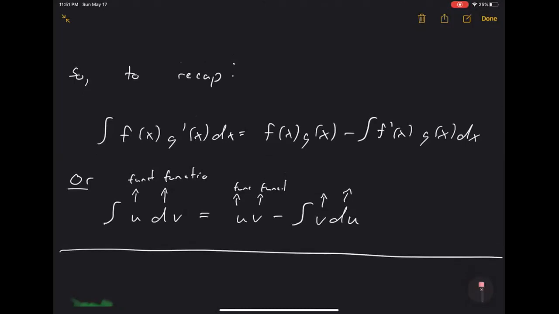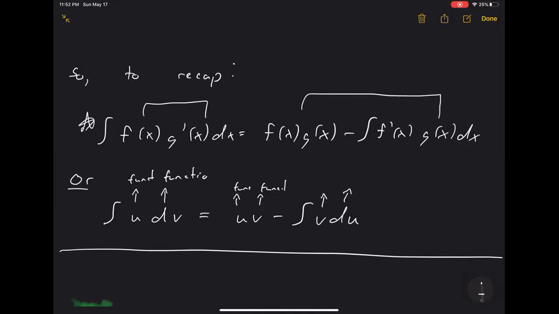So in particular, this integration by parts works when we have one function times the derivative of another. When I have this setup, I know I can integrate this thing and get this.